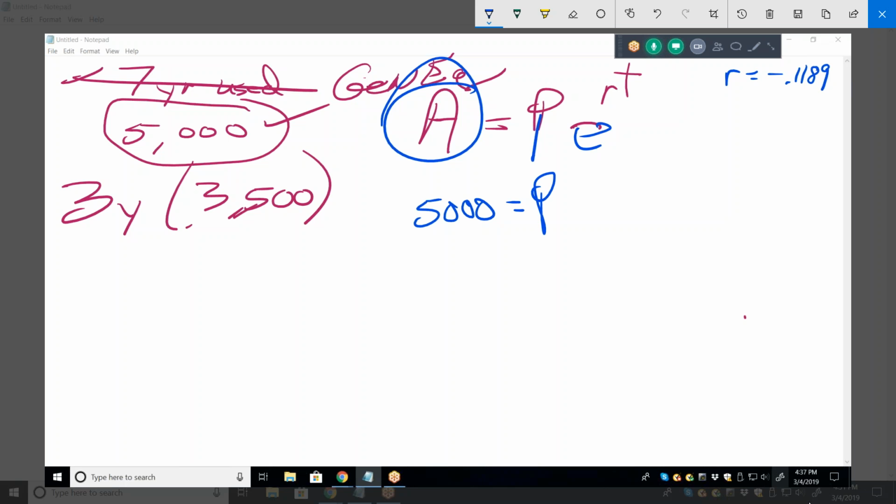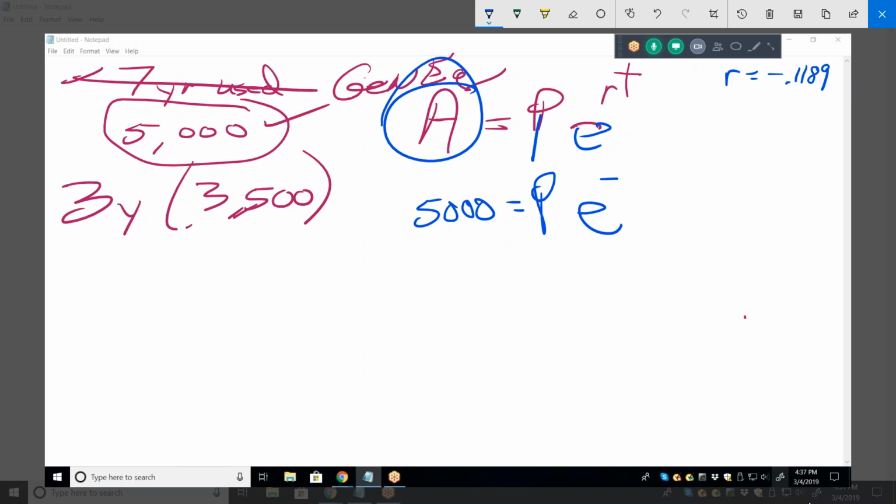P is what we're trying to solve for. Okay. P might be 10,000, right? Because it's worth 5,000 after 7 years. So whatever P is what we're solving for.